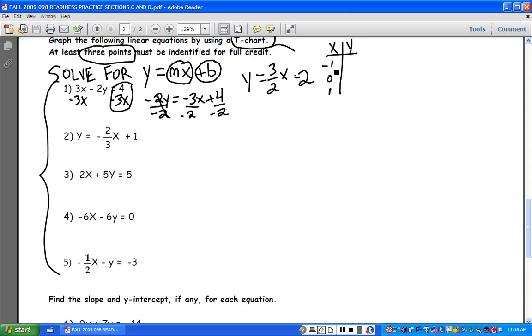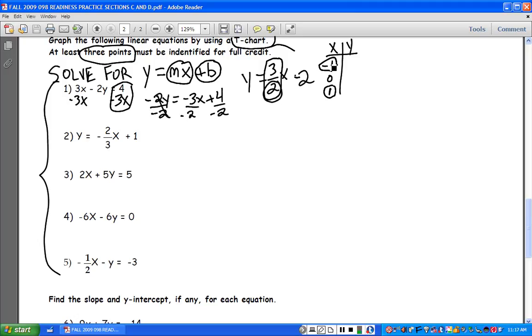However, anytime my slope is a fraction, I advocate that instead of using a -1 and a +1, I use the negative and positive version of the denominator of that fraction.